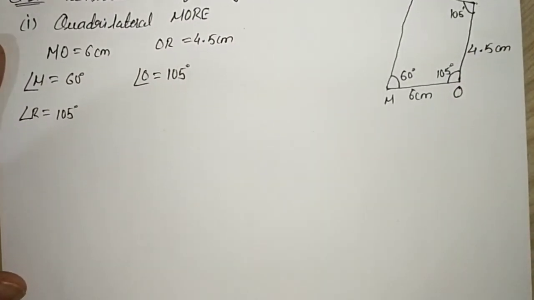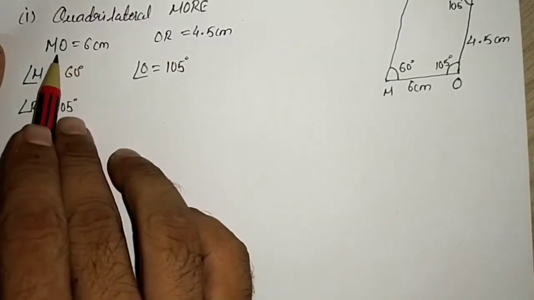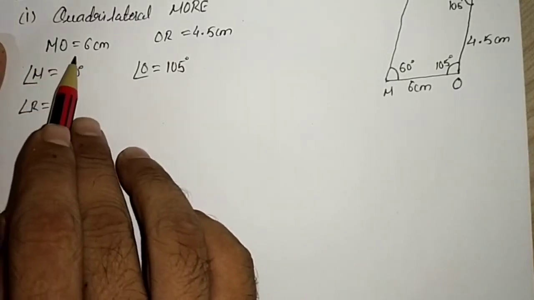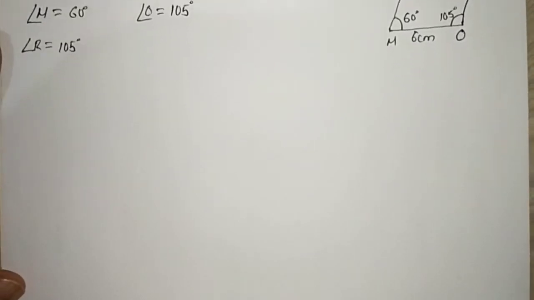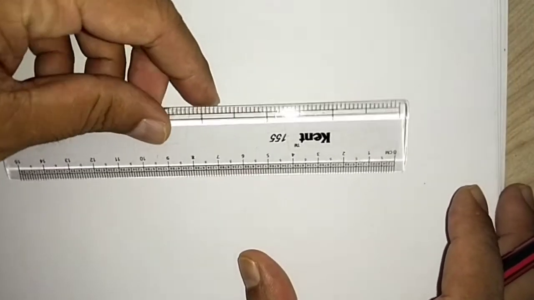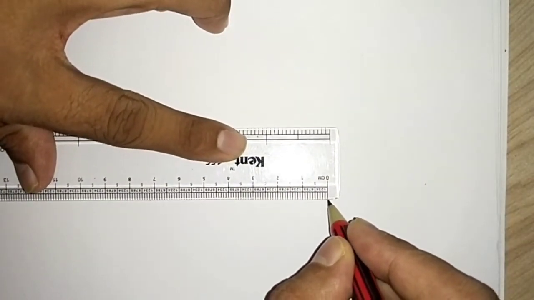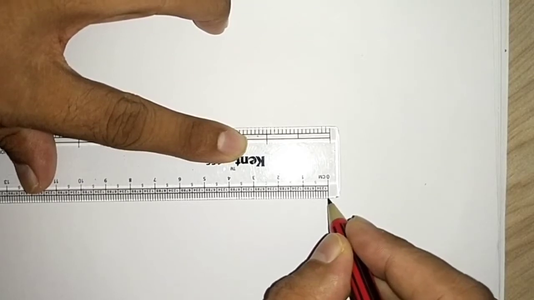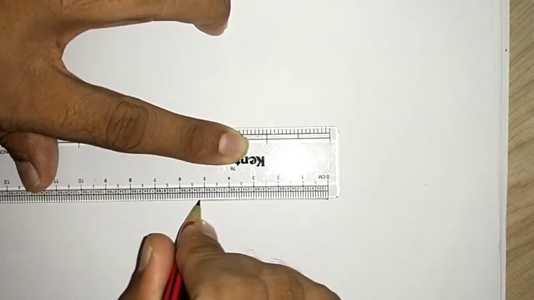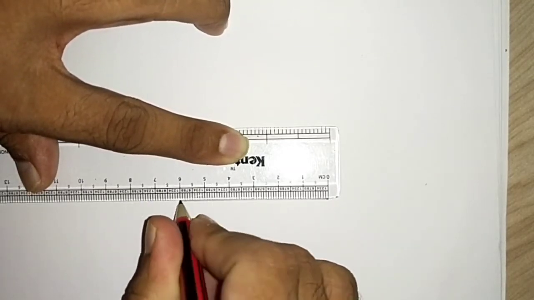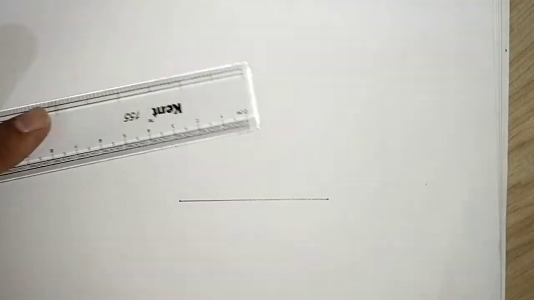So let us start. First step, what we will do, draw MO is equal to 6 centimeter. So let me draw. So I have drawn MO.